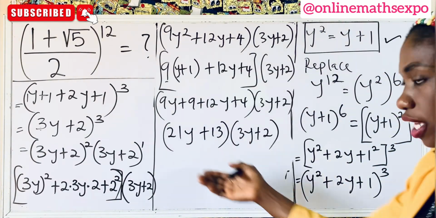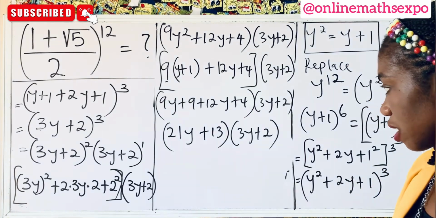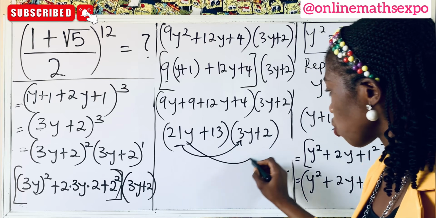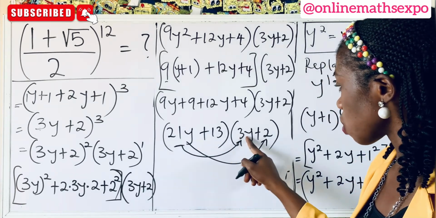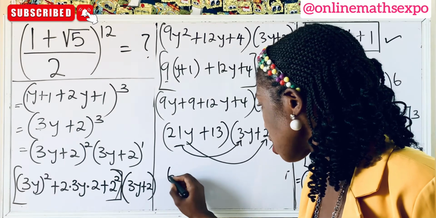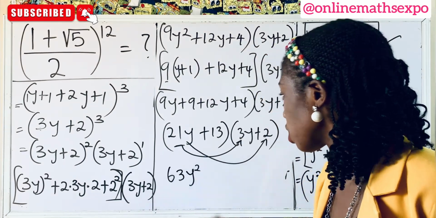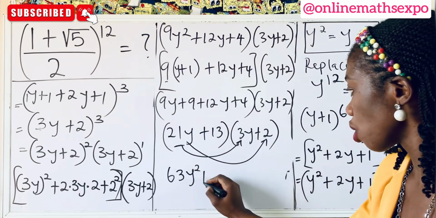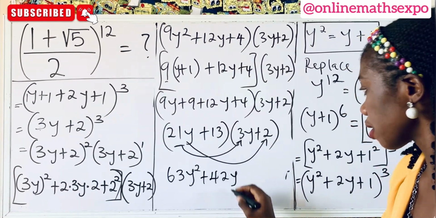At this point you are also going to expand it. Use this to expand this, and also use it to expand this. 21 multiplies 3y will give us 63y squared. Multiply this, it is going to give us 42y.